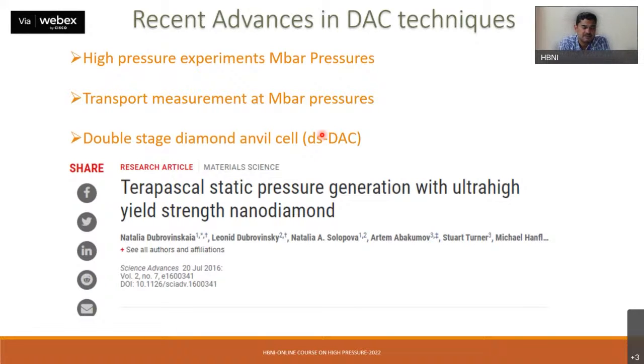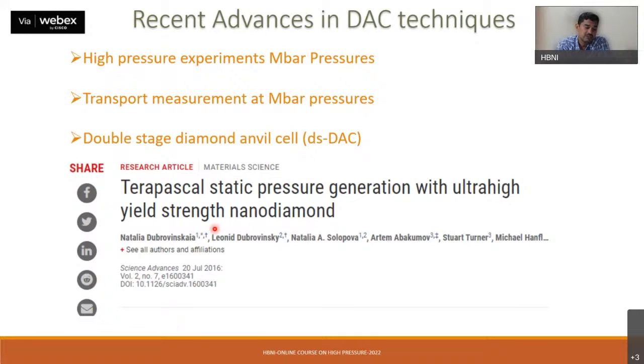In the diamond anvil cell also, that concept has been used and people have used double stage diamond anvil cells. Using this double stage diamond anvil cell, it has been shown that you can really achieve static pressure in the range of terapascals.